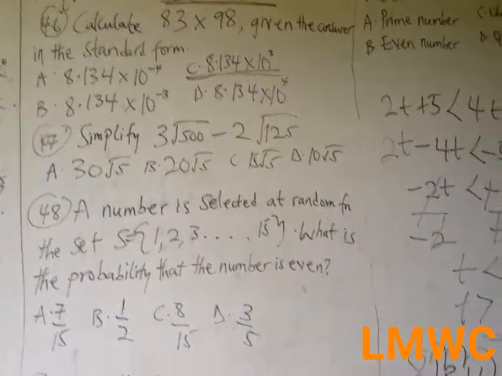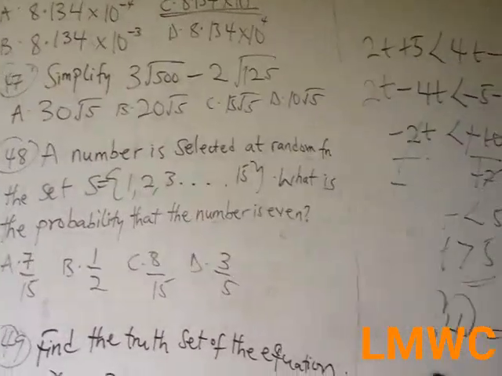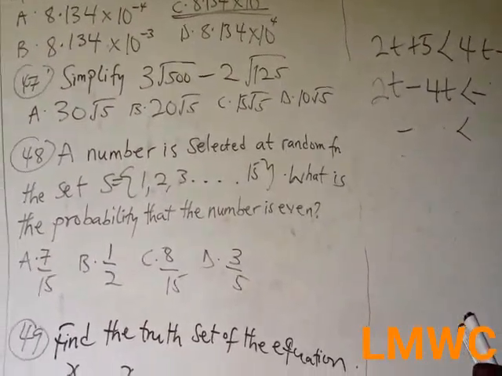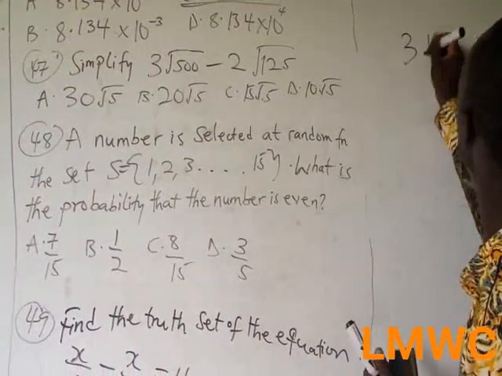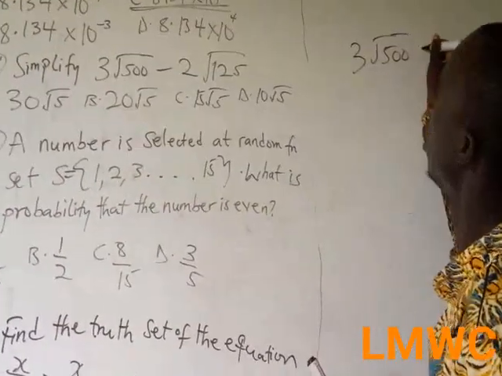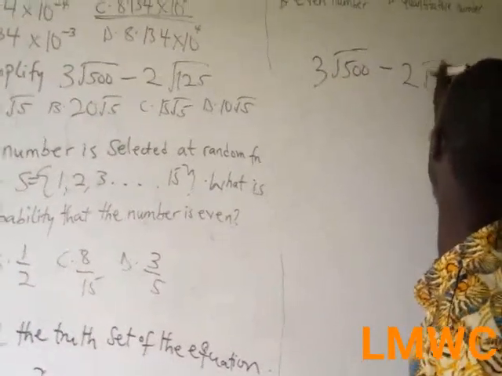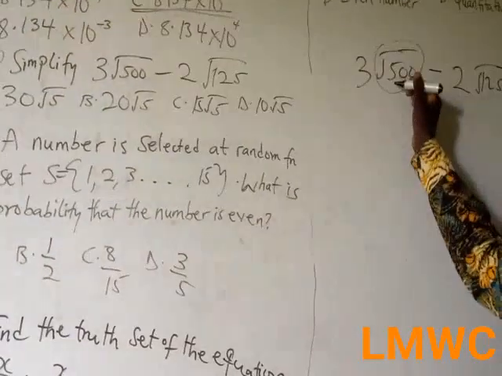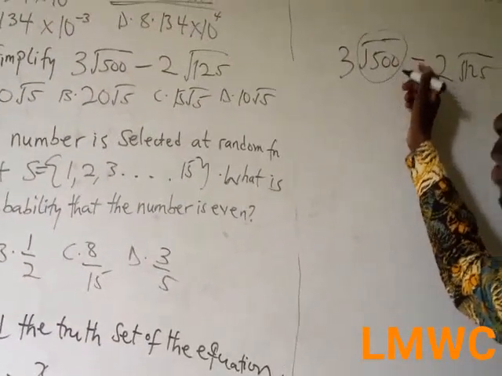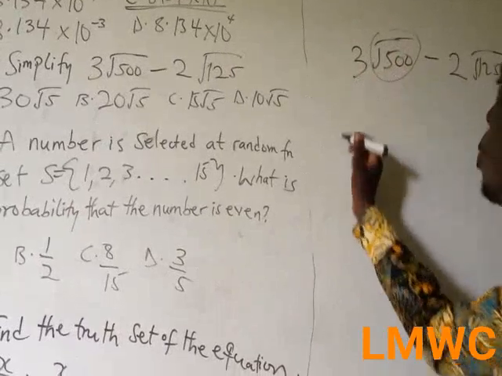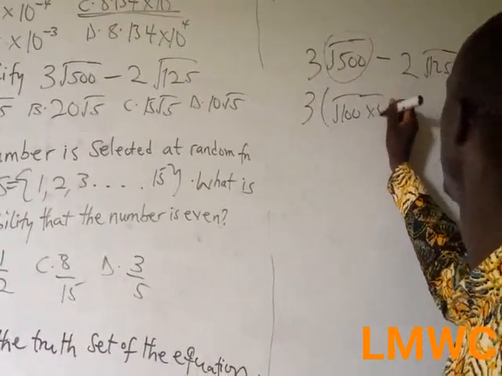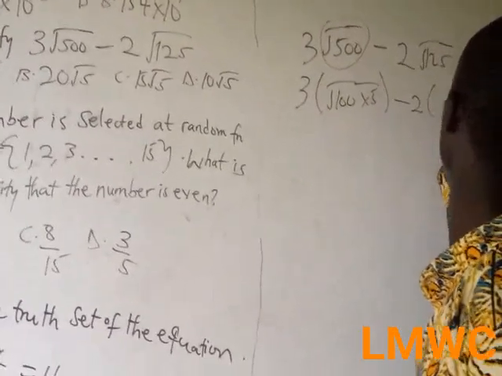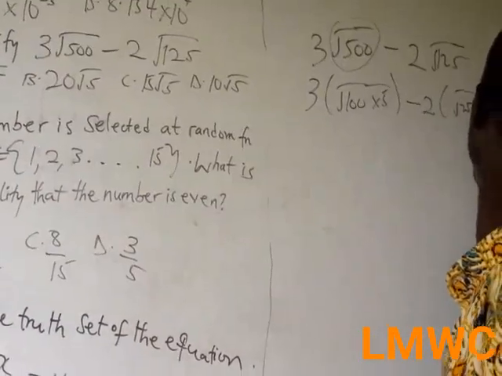47. Simplify 3 root 500 minus 2 root 125. So you find two numbers which you multiply to get 500, but one should be a perfect square. So we have 100 times 5 minus 2 times 25 times 5.